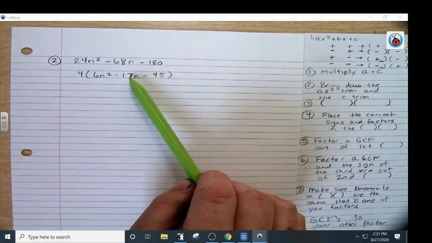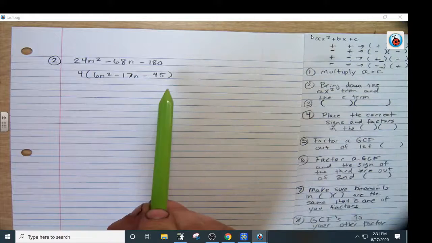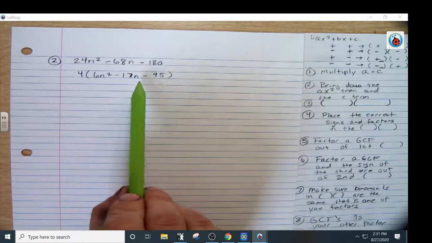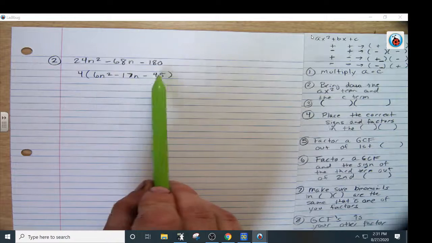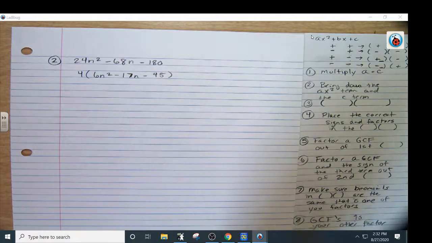One thing, guys, 17 is a prime number, right? It's only divisible by 1 and 17, so we know we can't take out any more factors. And also, well, that's the main thing, because 6 and 45 do have a factor of 3, but the 17 being prime tells me that it does not have any more factors. I mean, that's the GCF. All right.